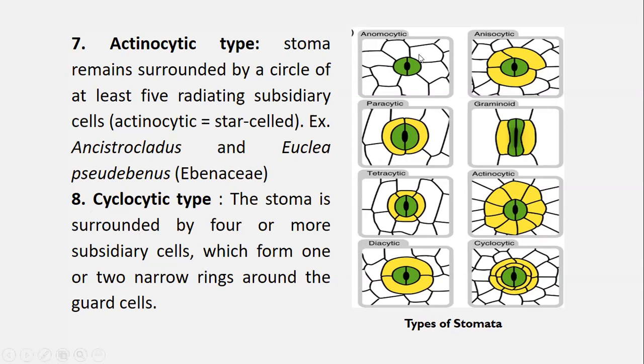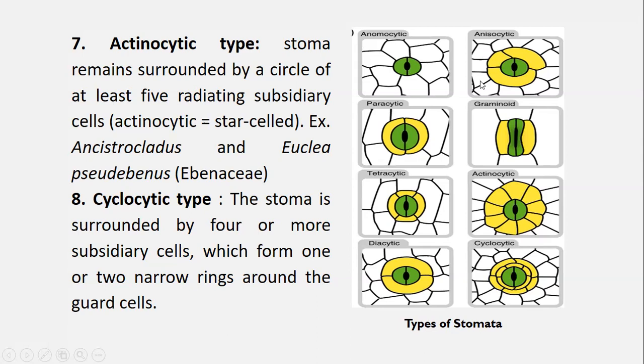So here this illustration clearly indicates the different types of stomata, like anomocytic stomata. Here you can see the stoma, that is the aperture and guard cell, not surrounded by distinct subsidiary cells, but epidermal cells are there, and it is known as anomocytic stomata.